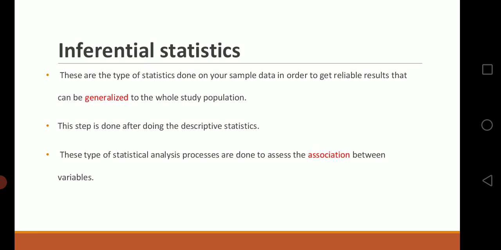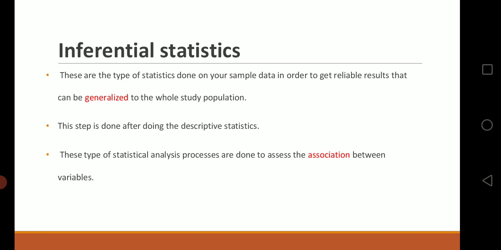These are the type of statistics done on your sample data in order to get reliable results that can be generalized to the whole study population. This is the meaning of inferential. It means that the statistics are done in order to make our results generalizable.